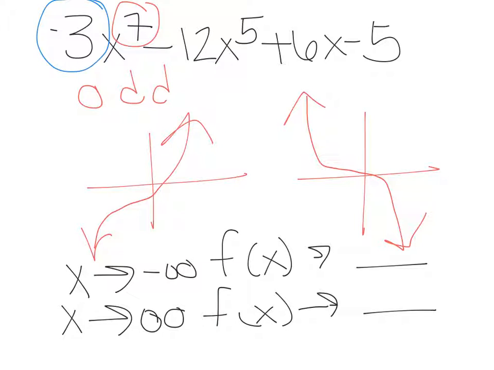Well, if you look at your graph, as x gets negative over here on this side, the y value is going up. So your first one should have an infinity. And as x gets positive, this side goes down, so this one should have been a negative infinity. So your answer was letter A.